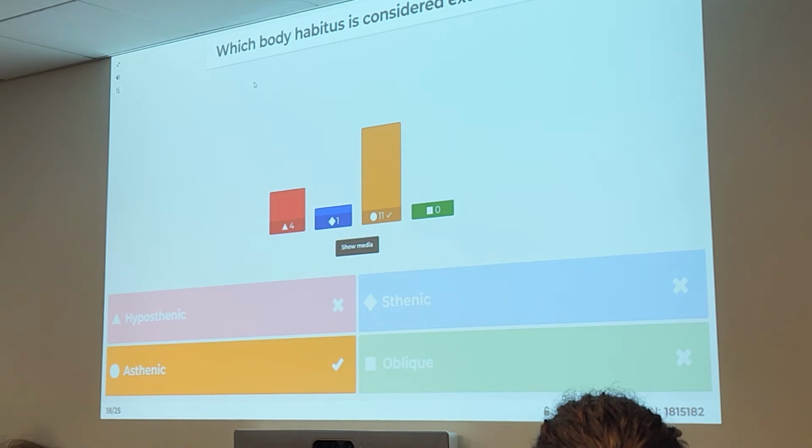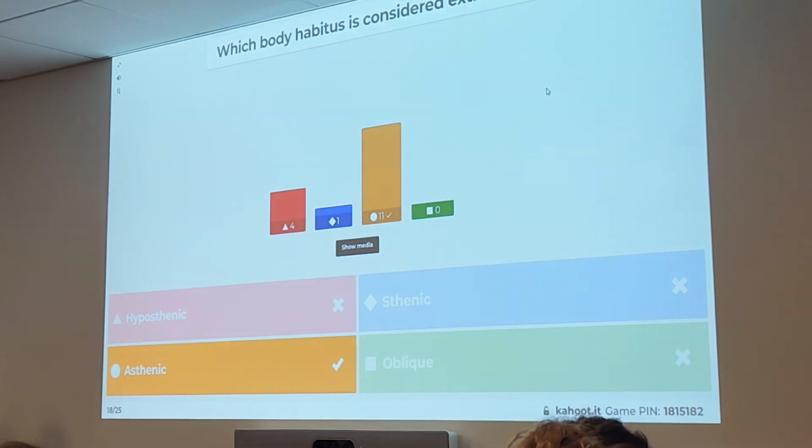Asthenic, which is extremely skinny. What's the opposite? Hypersthenic, which is very wide. Your hyposthenic and your sthenic are considered normals. Asthenic and hypersthenic are your extremes. Oblique is just a position. Hypersthenic can be extreme as well, in the other direction. Super skinny versus super wide.